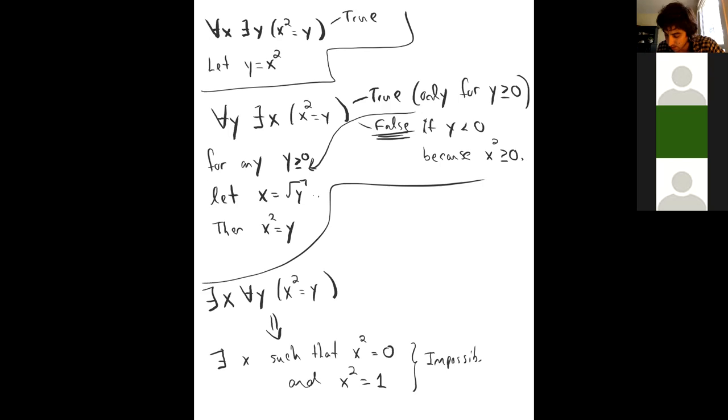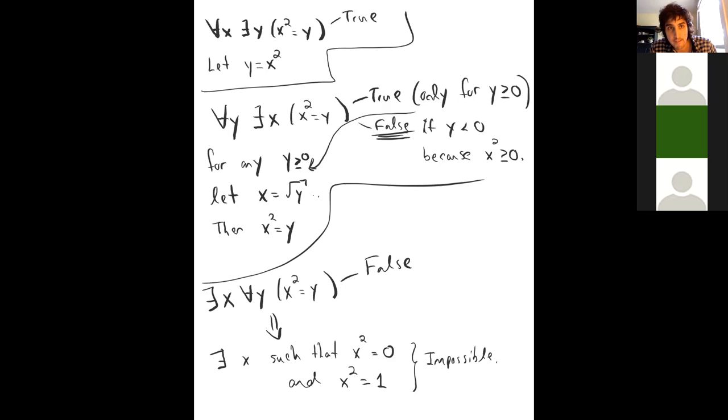What you said was also correct. Any two numbers you give, you can't have x squared equal both of them unless they're equal. Yours is simpler though. So this is false, because you can't find an x that squares to every number.